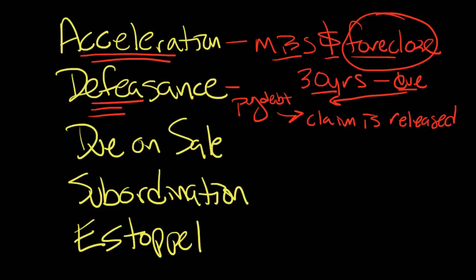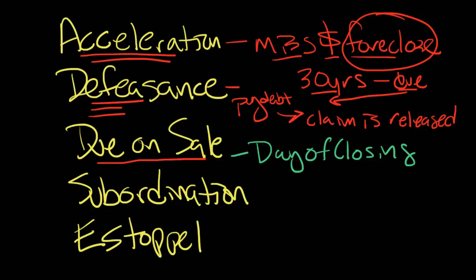Now that obviously begs the question, hey, if I pay it off early, do I get penalized in some way? Well, not here in Massachusetts. We have, pretty much everywhere nowadays, a due on sale clause, which basically means that on the day of closing, when you transfer the property, you have to pay off the old lender.